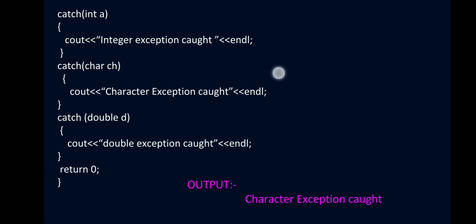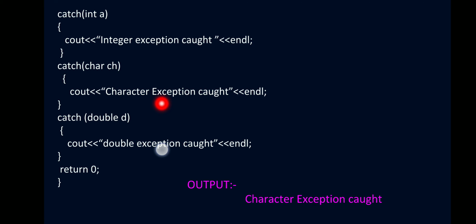So here first it will compare with the first catch argument, that is integer, so it is not equal. Next it will compare with the argument of the second catch block, so it is equal. So the thrown exception is a character exception. Now this particular catch block will be executed and you'll get an output as character exception caught.